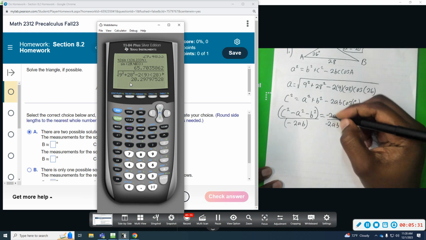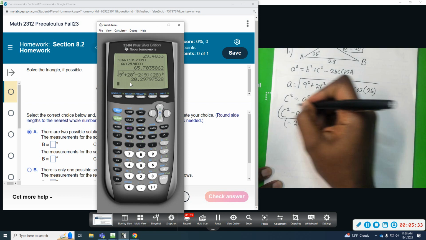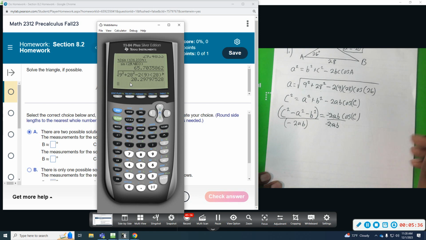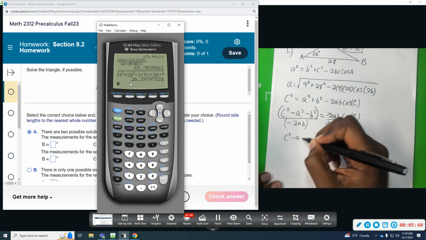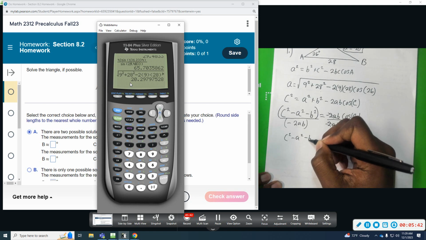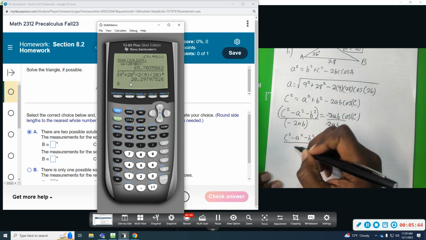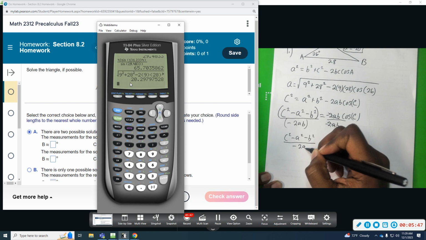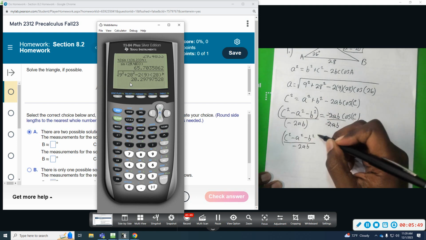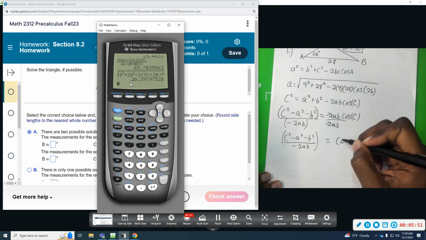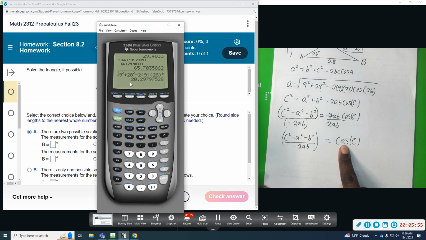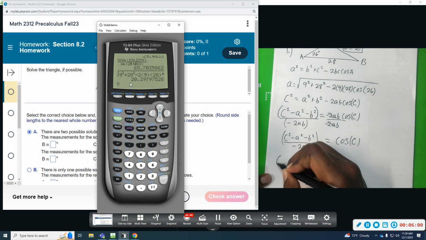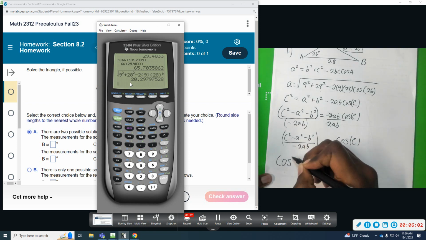So when you do that, this will divide out, and so I'll be left with this calculation, which is C squared minus A squared minus B squared divided by negative 2AB. So I have this is equal to cosine of angle C, and then to get the cosine off, I have to do inverse cosine. So when I do inverse cosine, that is cos negative 1.